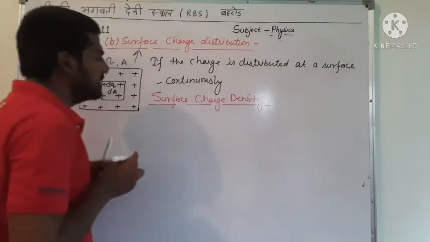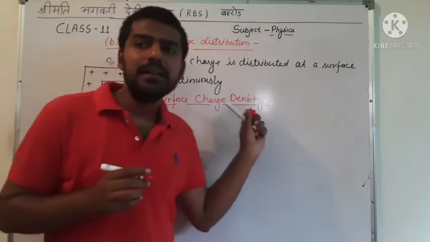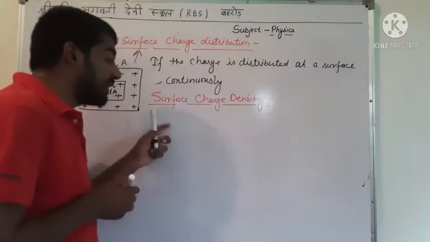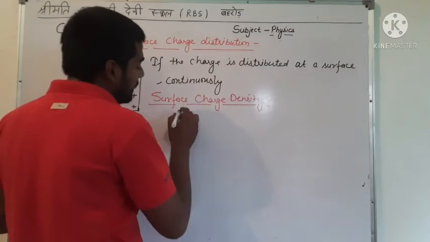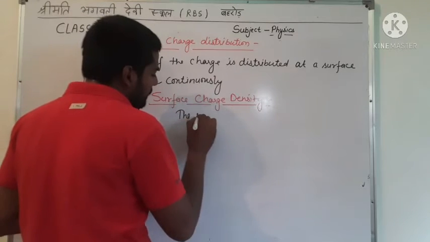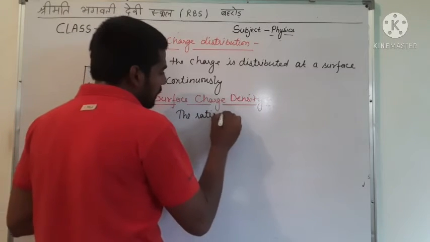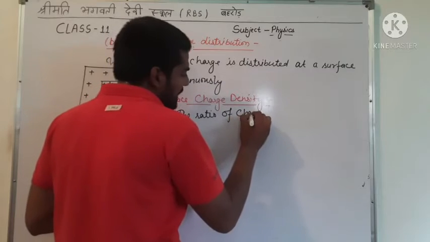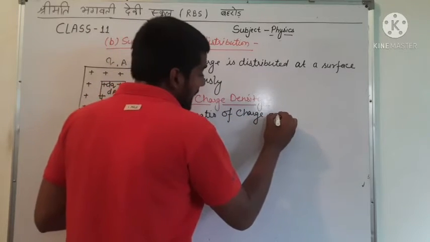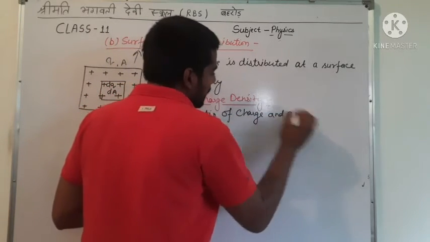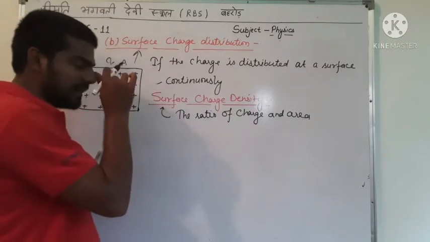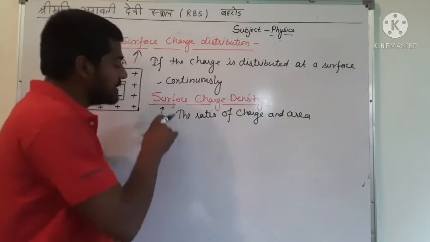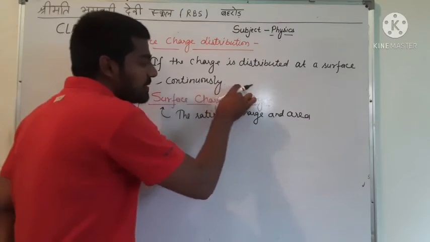What is surface charge density? The ratio of charge and area is called surface charge density.